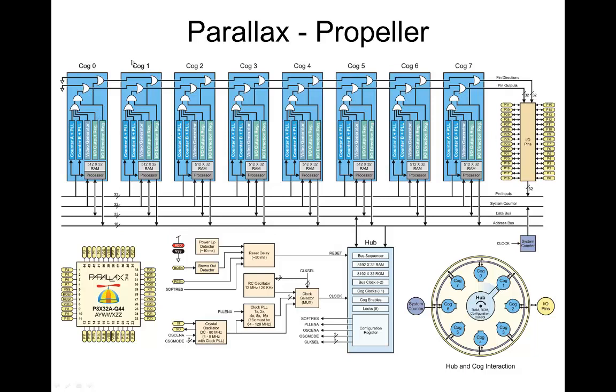And every 8th cycle, cog 1 can get access to all the pins. I call it a draconian way of managing I/O. It's probably not very efficient, but it does avoid some problems with resource sharing in a multi-core architecture. So I thought it was fun to look at. And so you can take a look at this in more detail if you're interested.